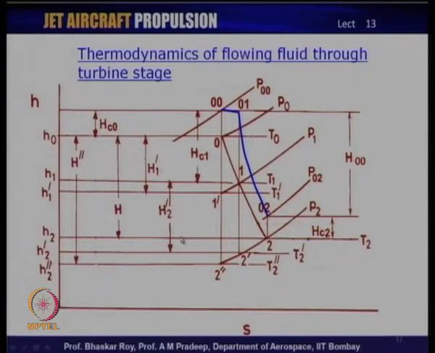In this diagram, you can also see here H1 prime, H1, H2 prime, which are the adiabatic work from 0 to 1 and then from 1 to 2. So, if you separate out the two components, the rotor and the stator, the adiabatic work across the stator is 0 to 1 and then across the rotor is from 1 to 2 prime.